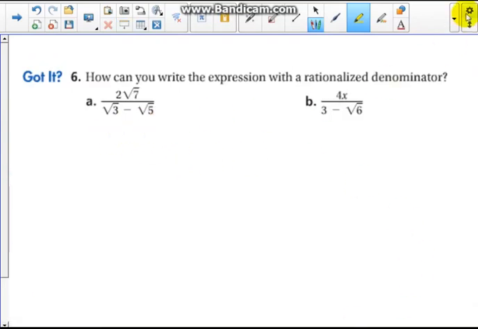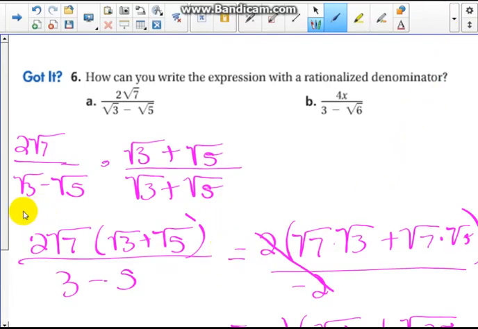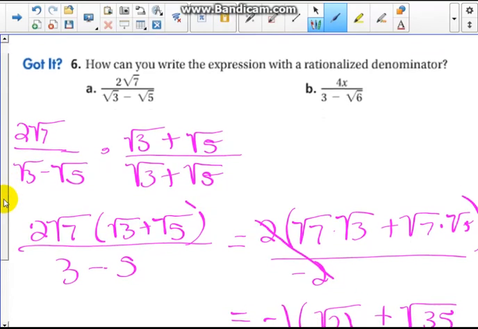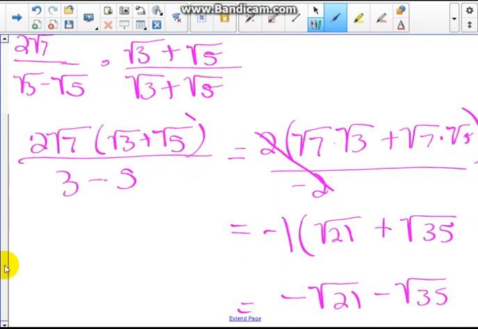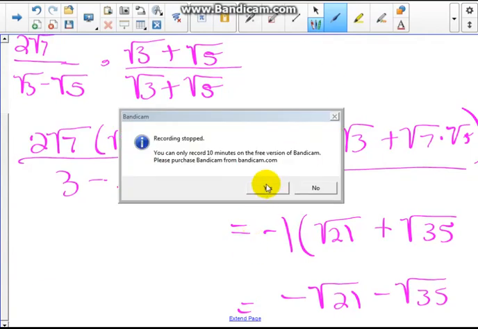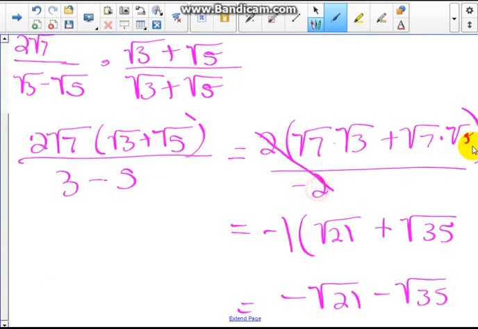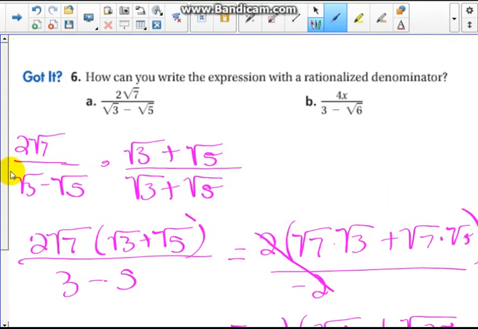Okay, here's our got it's. Okay, and here is the answer, quickly scrolling down to the first got it. Okay, so here was, I ran out of video.